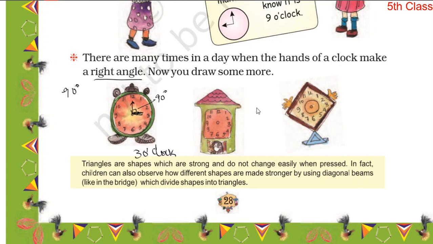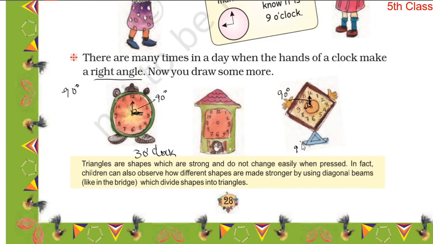At 3 o'clock. Suppose the hour hand is at 9 and the minute hand is at 12. What is the angle made between these two hands? Here also 90 degrees.